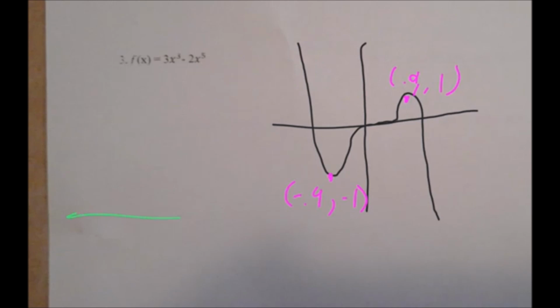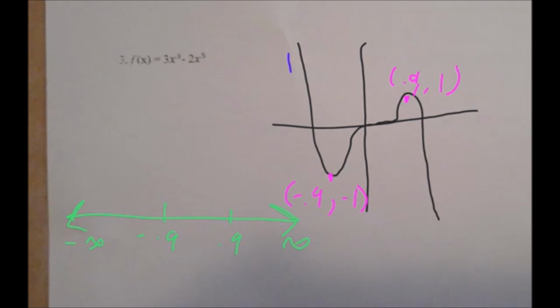Third step, draw the number line, label it so you know where you're going from, and our fourth step is to plot the x values of the mins and maxes. So we have negative 0.9 and 0.9. Okay, fifth step, read the graph.